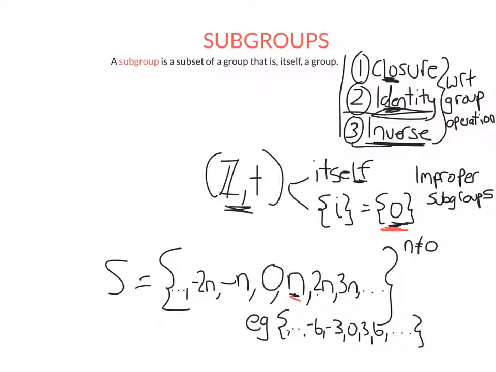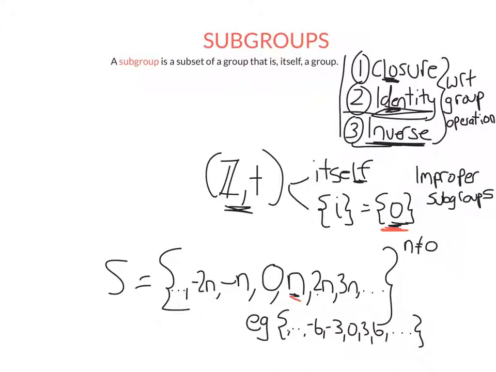Otherwise, it won't satisfy the closure axioms. So any set like this will be a subgroup of the additive group of integers. It is a subset of the integers that is also a group. And any integer will do. Positive and negative multiples of 2, positive and negative multiples of 23, they will form a subgroup of the additive group of integers.